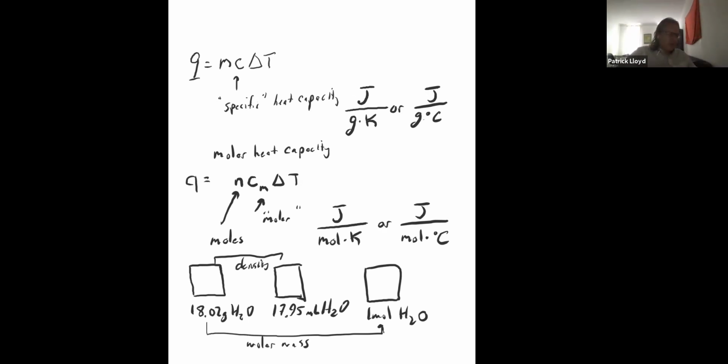Now, in general, to say how much stuff you have, it depends on the context. So if I'm in a laboratory and I say, hey, get me some water, most likely you're going to ask for a volume of water. But if you're doing really, really precise measurements, you might actually ask for a mass.